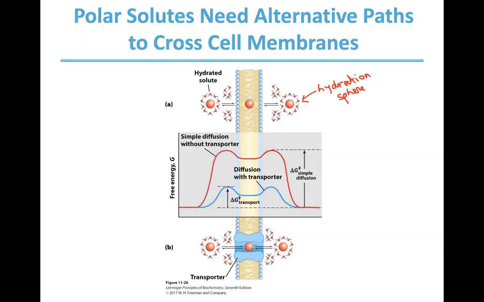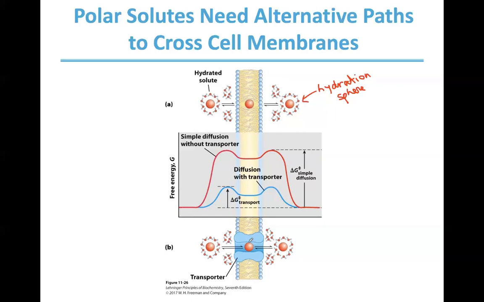So in other words, your solute will bind very strongly to the transporter protein, right? So let's say you have lots of amino acids there, lots of carbonyl groups, lots of NH bonds, right?